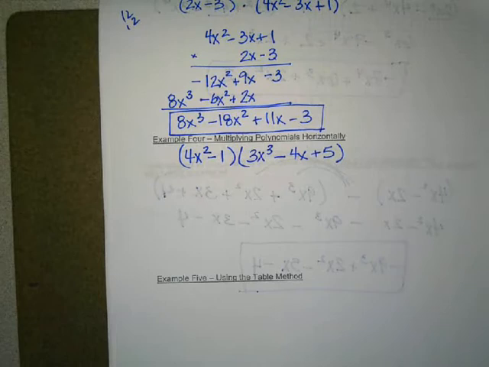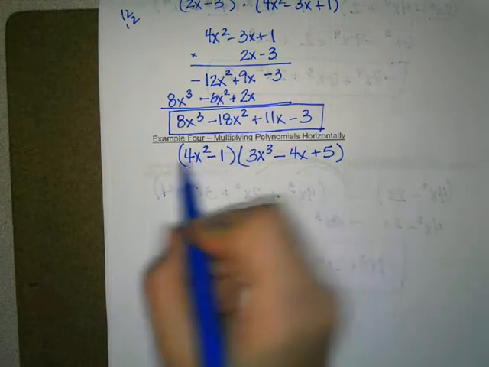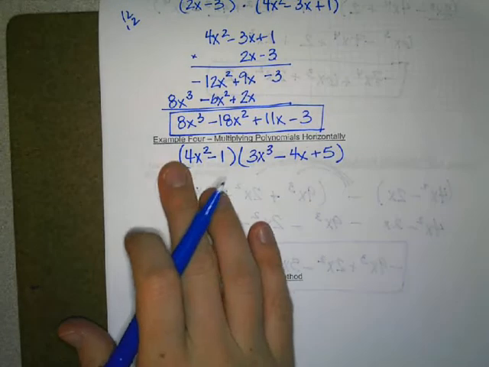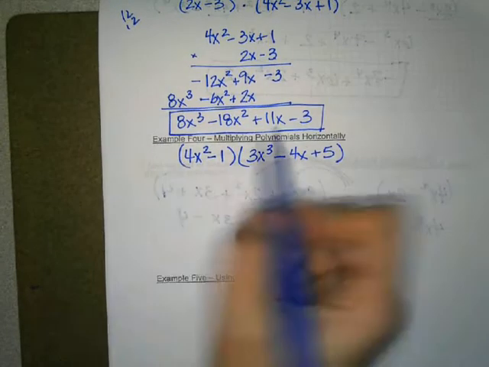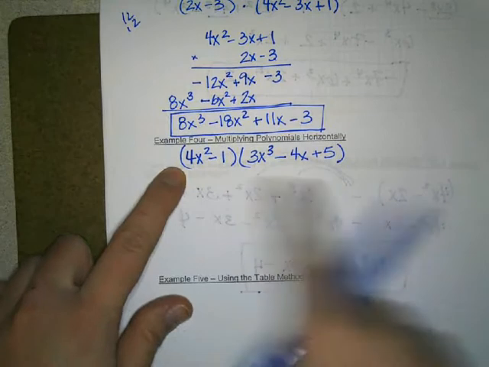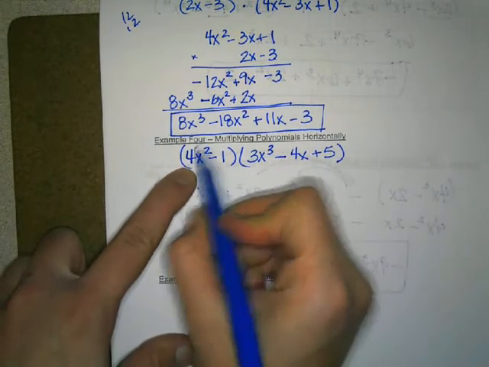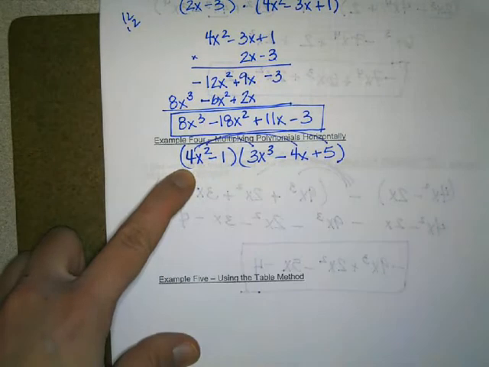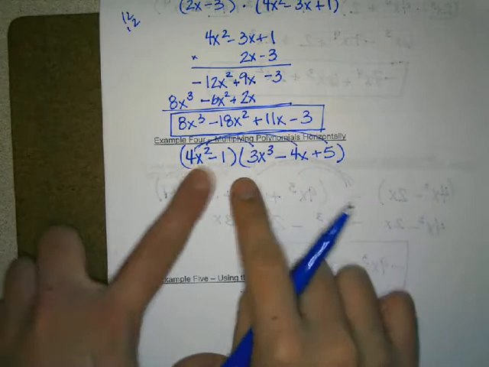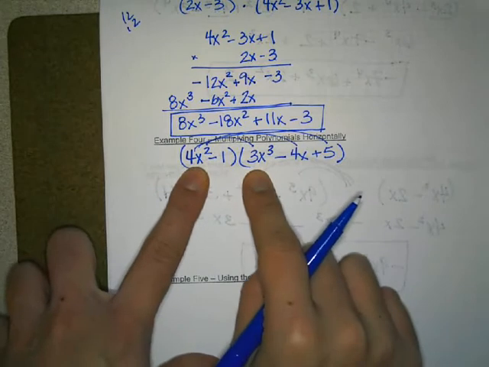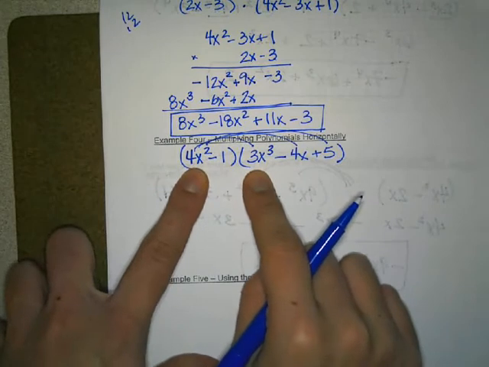Alright, this second method is just multiplying horizontally. Again, remember, basically all 3 of these methods are just distributing through. So it's already set up horizontally, so we're just going to go with it the way it's written. We're going to take 4x squared, and distribute through to each term in that second polynomial. So 4x squared times 3x cubed gives me 12x to the 5th.